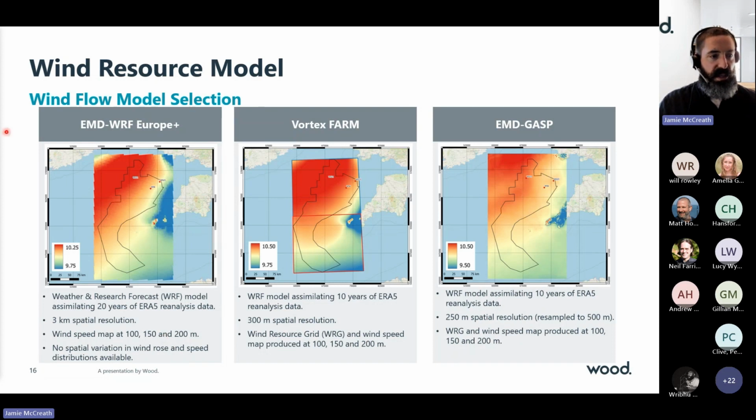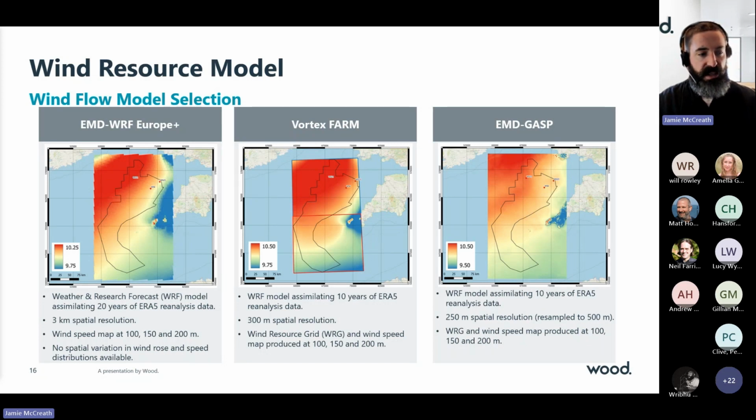So we looked at the EMD WRF models. The EMD is a company that provides these services. And Vortex is another company that provides another independent service. So the EMD WRF model is what we considered initially in the indicative assessment. As I mentioned at the start of the presentation, we did initial analysis before we had site measurements.